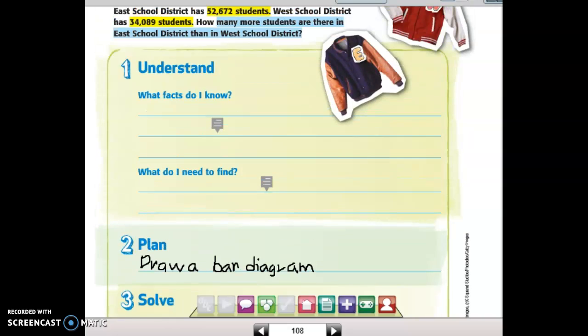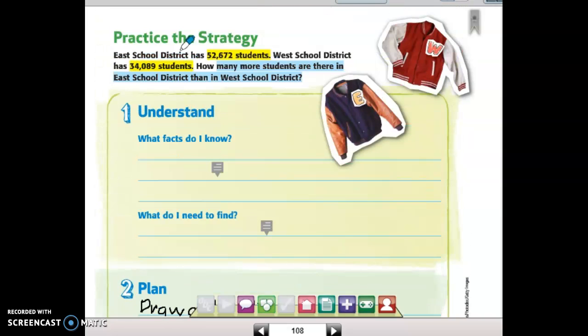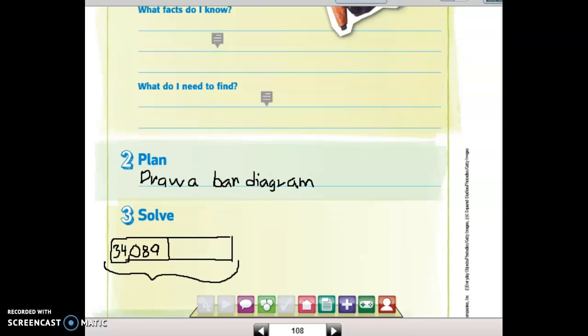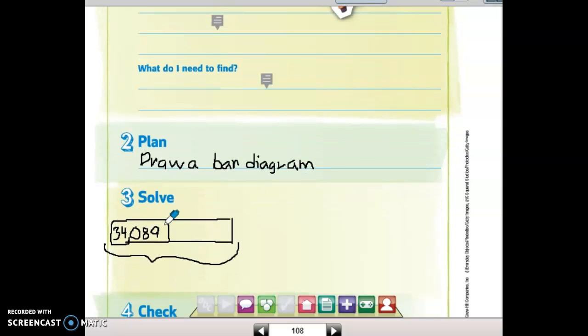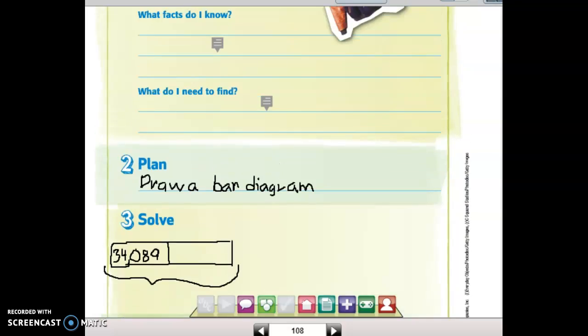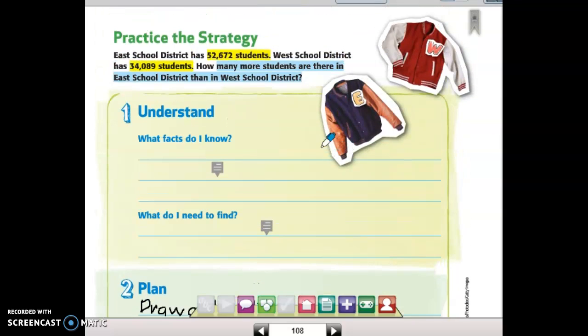If I go back up to my problem, I see I've got 52,000 and I've got 34,000. 34,000 is less than 52,000, so I set that in my bar diagram because I know that's going to be part of it. And I need to read the problem carefully to figure out where that other number goes in order to figure out what operation I'm doing.